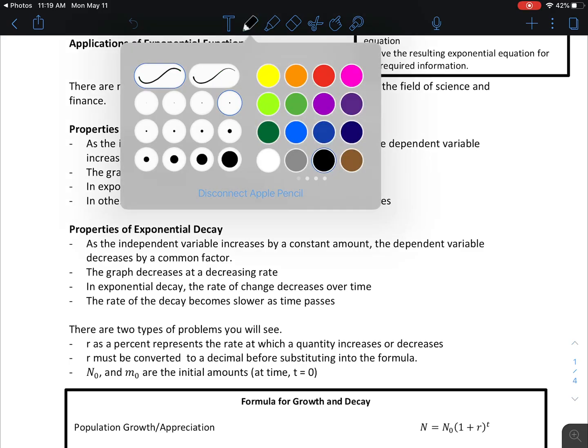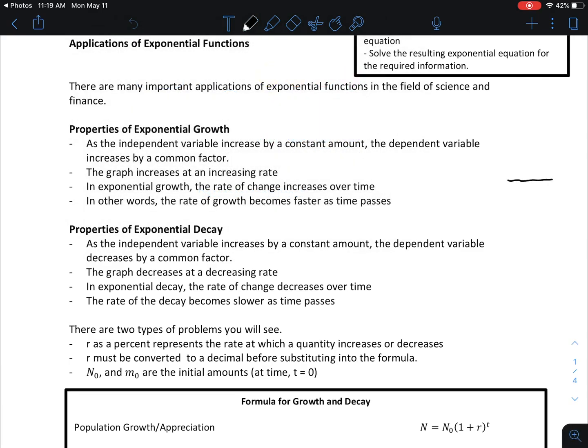So, properties of exponential growth. If we recall, we have two different axes, one is the x and one is y. Whenever we produce graphs, on the x-axis we normally have time. Time is independent.